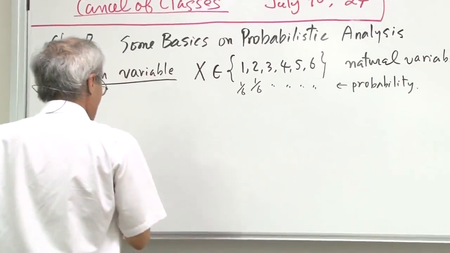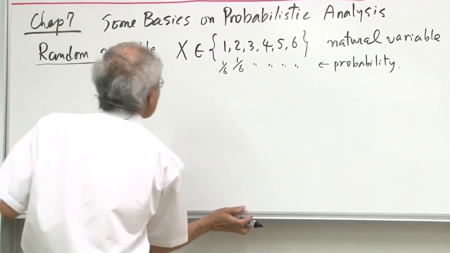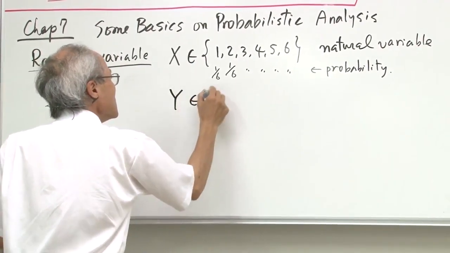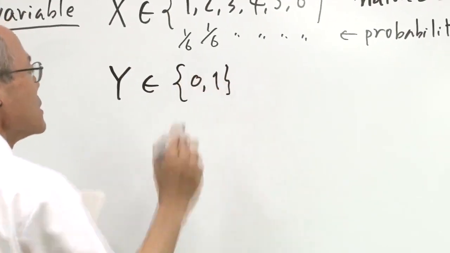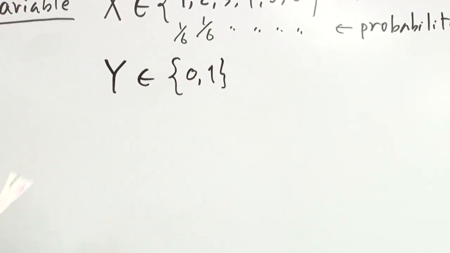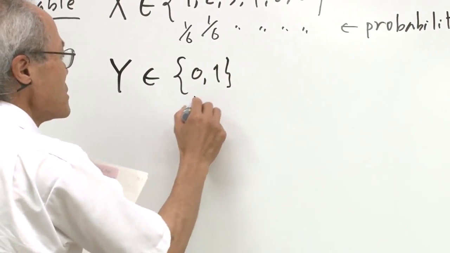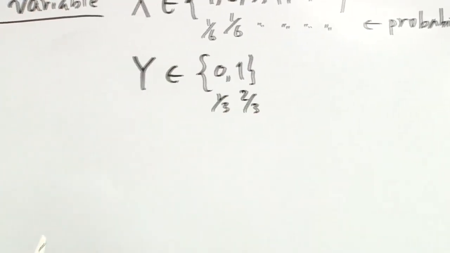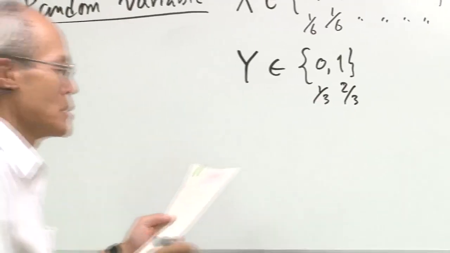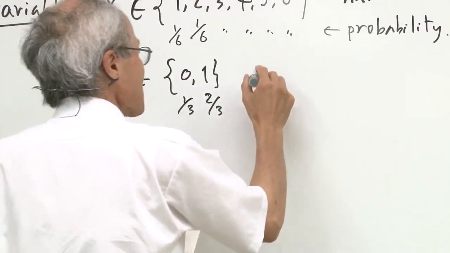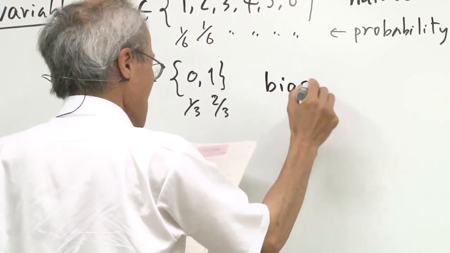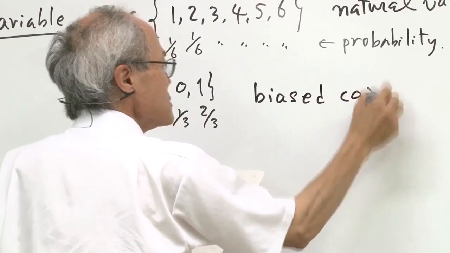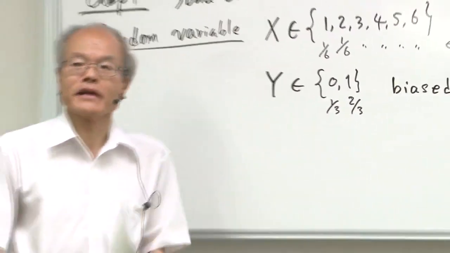Maybe another random variable y. It takes value 0 or 1, probability 1/3, 2/3, for example. So this is a coin, maybe a biased coin. Biased coin, so it's not a fair coin.